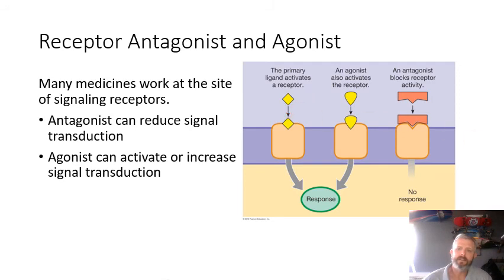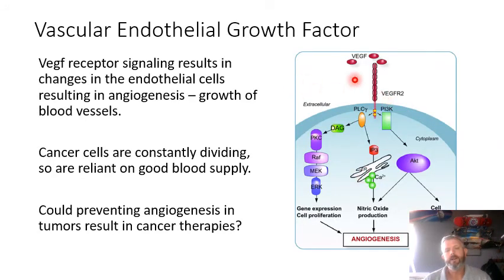In our lab today, the signaling we're going to be looking at comes from the chemical messenger vascular endothelial growth factor, or VEGF for short, and the signaling that takes place at the VEGF receptor.